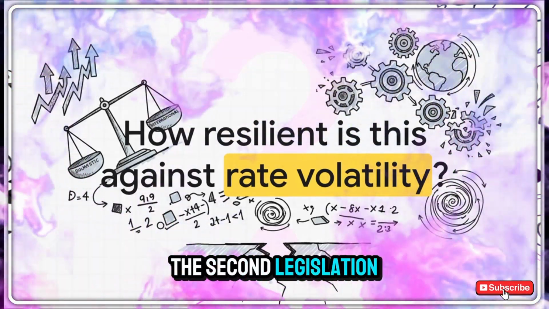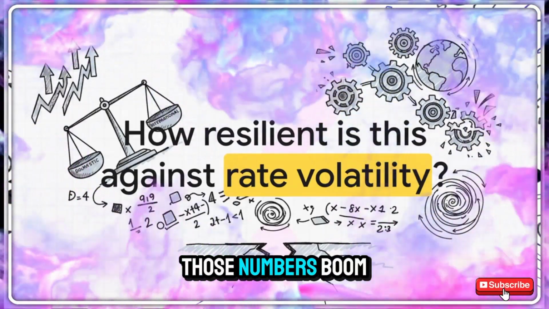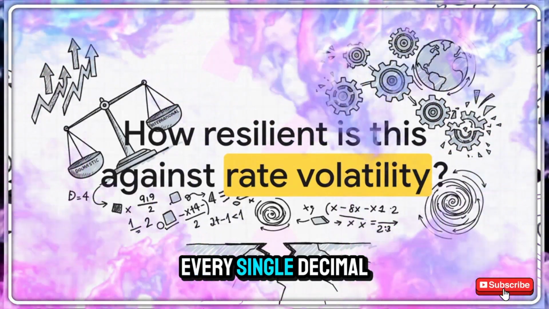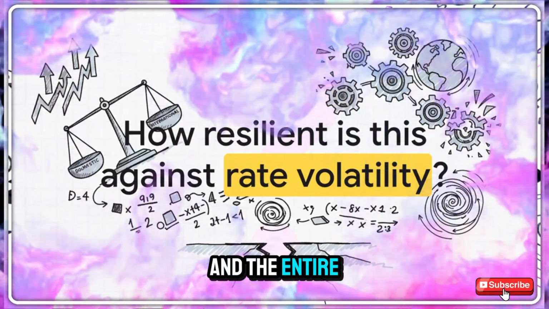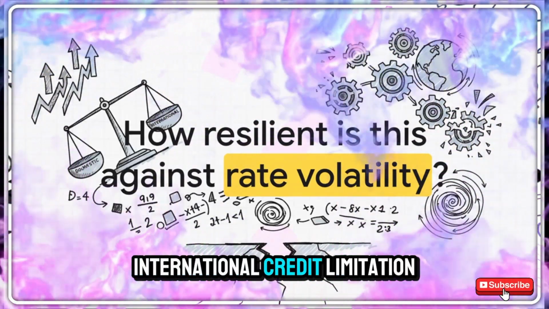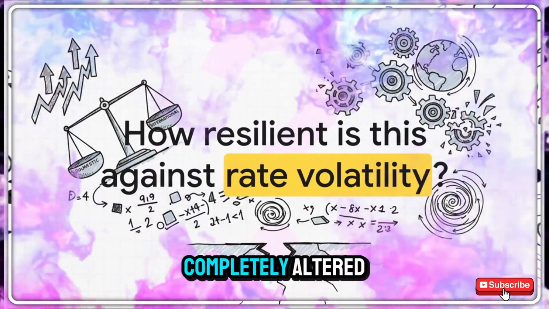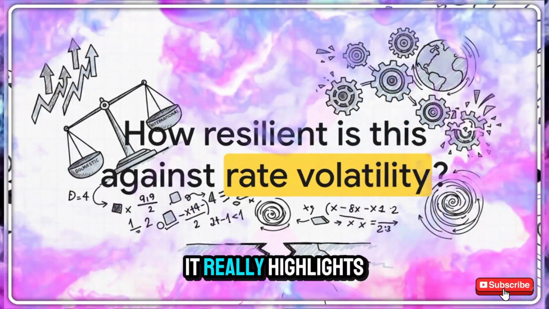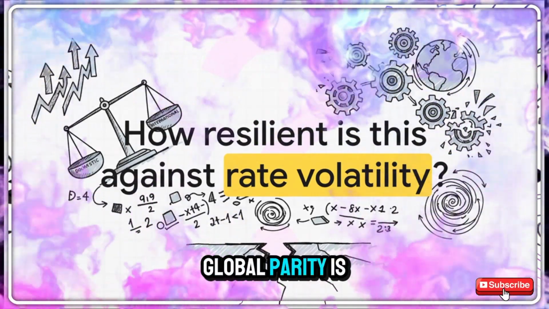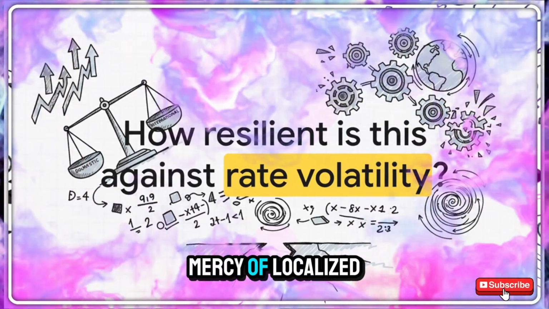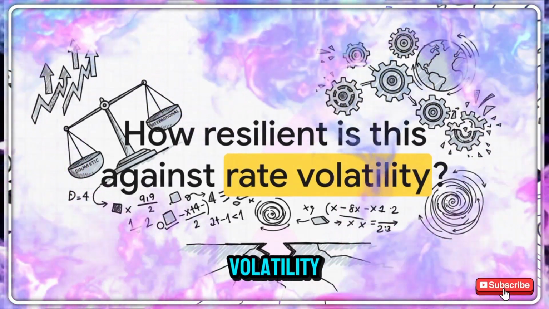The second legislation changes just one of those numbers, boom, every single decimal multiplier, every fractional equivalence, and the entire boundary condition of the international credit limitation is instantly, completely altered. It really highlights a profound vulnerability in international finance. Global parity is entirely at the mercy of localized US domestic rate volatility.